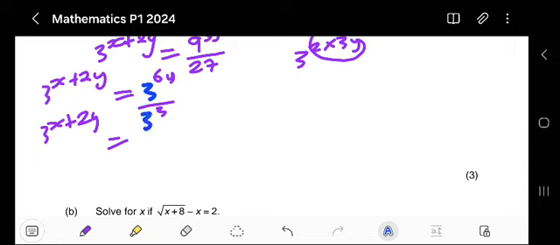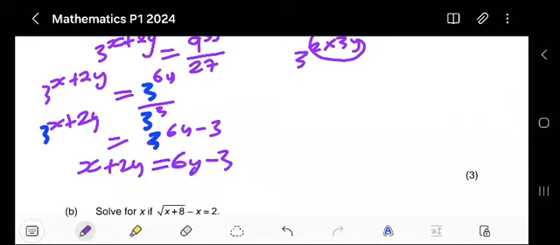When we divide, we subtract the exponents, isn't it? So this will simply equal 6y minus 3. Then since the bases are the same, again we equate the exponents. This will be x plus 2y is equal to 6y minus 3.